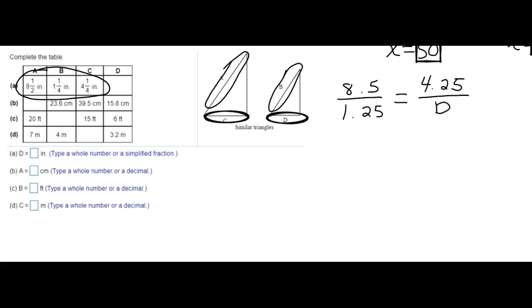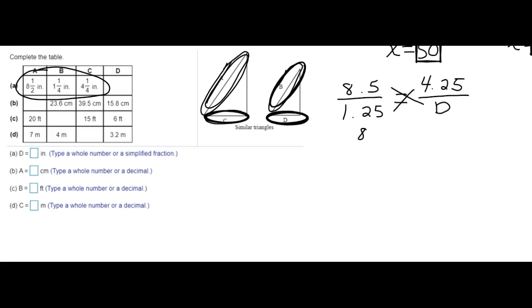So we have long side to long side equals shorter side to shorter side. And now when we cross multiply, we will be able to get our answer.